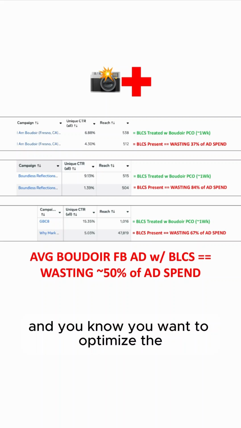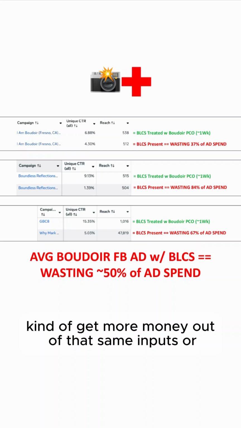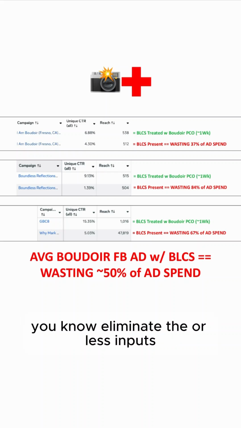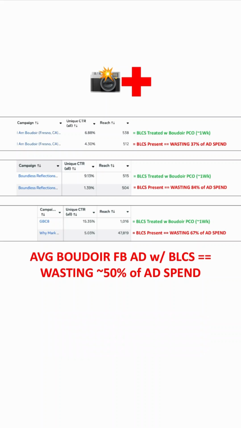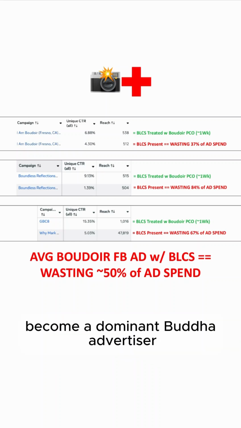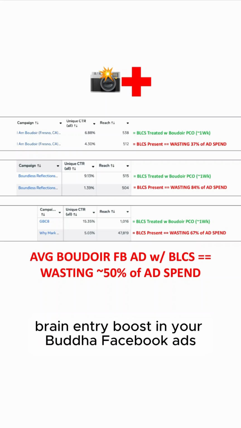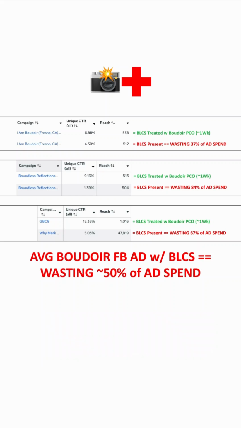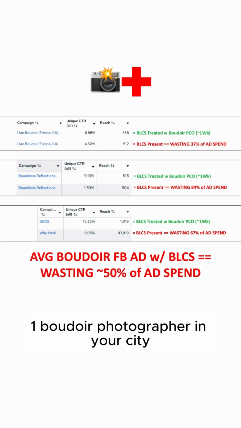And you want to optimize the Facebook ads part of your Boudoir business, get more money out of the same inputs, or less inputs but the same output. And you want to achieve pre-click alignment, PCA, become a dominant Boudoir advertiser, and have Boudoir brain entry boost in your Boudoir Facebook ads, because you need that on your way to becoming the number one boudoir photographer in your city.